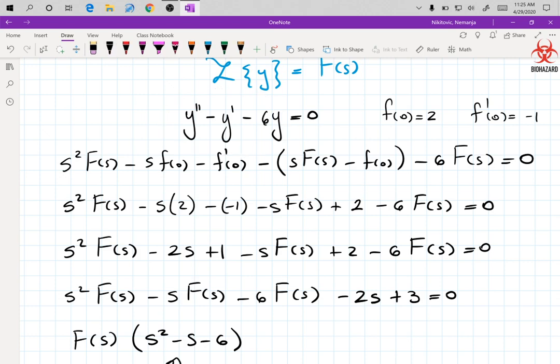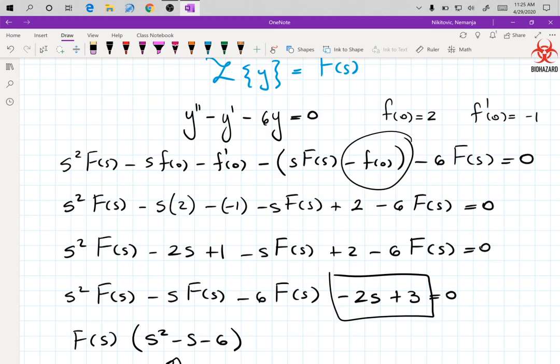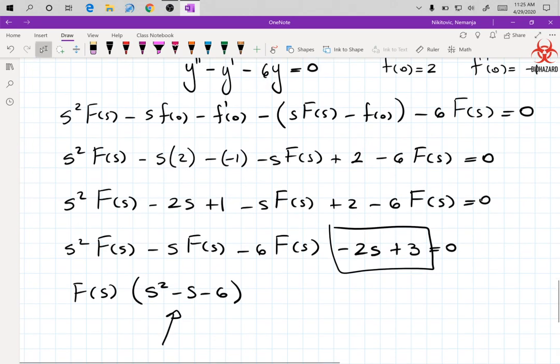Now you can't just skip to that step, because you don't know how this is going to work out, right? Because you have all of these guys floating about, plus all of the negative signs and everything else. So you can't just jump all the way there. But it's a good checkpoint, right? And now, shove this to the other side, it becomes 2s minus 3 when you move it.